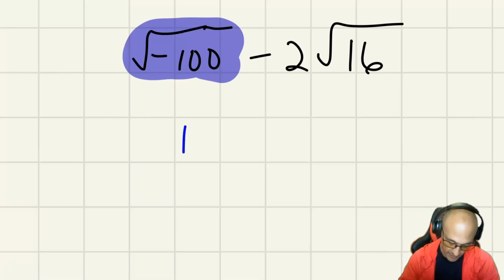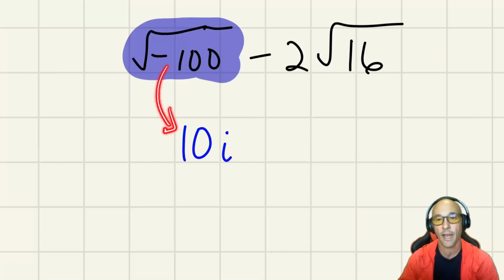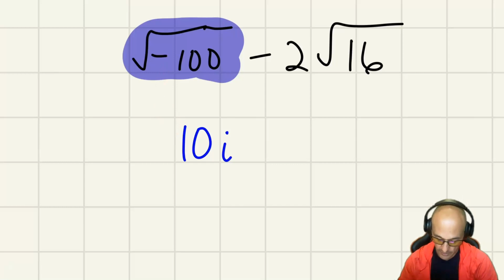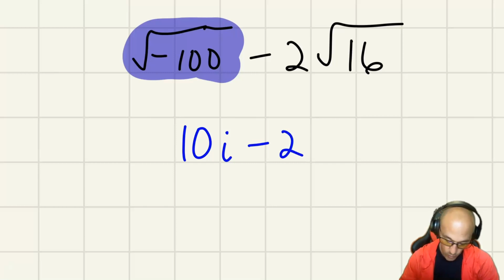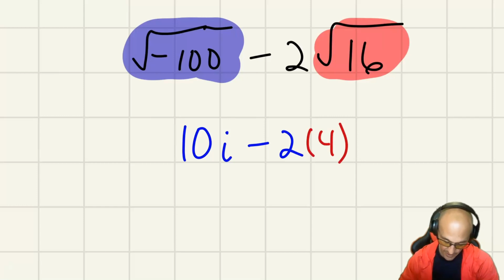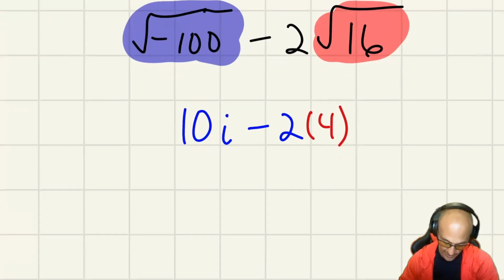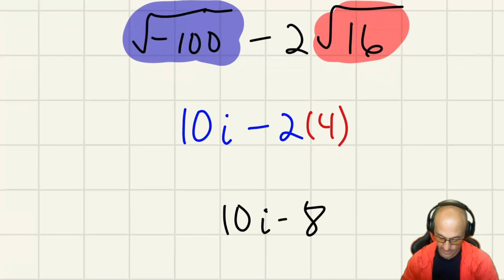So it's a perfectly fine step to go straight from square root of negative 100 to 10i. I'm okay with that. It's a good step. And then we have a minus 2, and then the square root of 16 here. Well, that's going to be 4. So that's going to be 2 times 4. And so finally, that's going to be 10i minus 8.